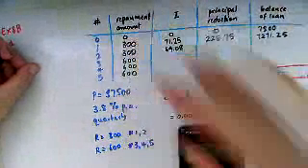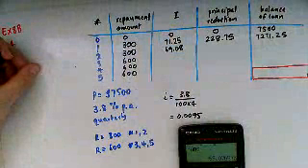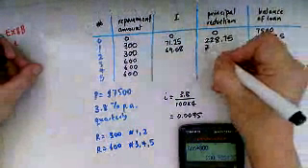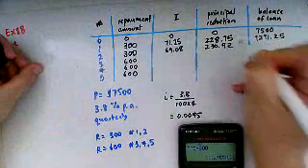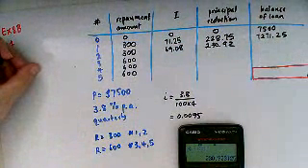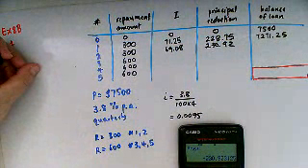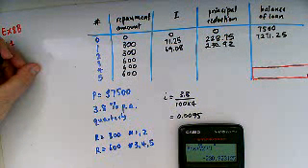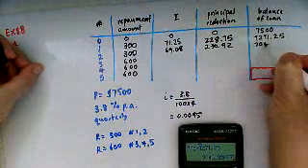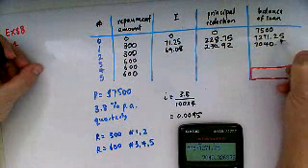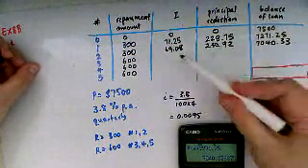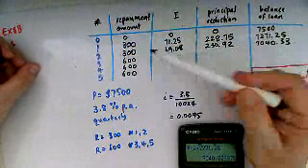We need to take that away from the 300, which gives us $230.92, and then we need to take that away from the balance of the loan, which gives us 7,040.33.